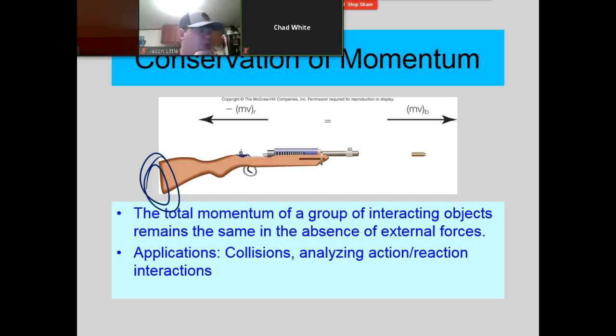Now, another example, and I know you've seen this before, if you've ever watched someone break up a pool setup, billiards.